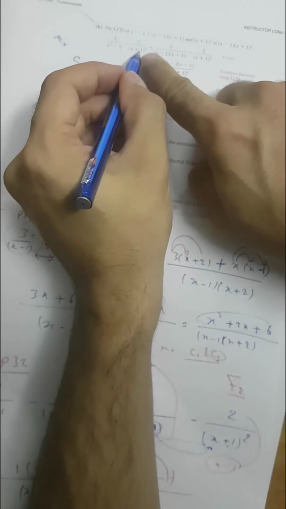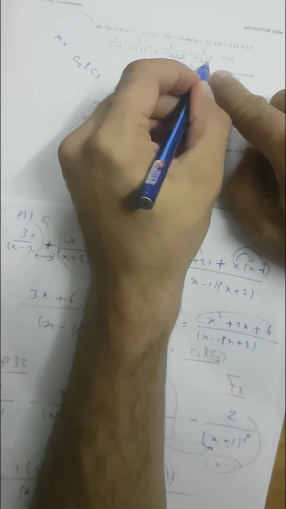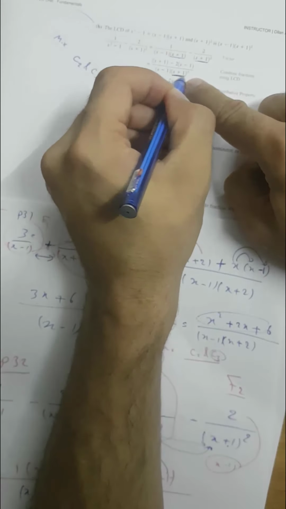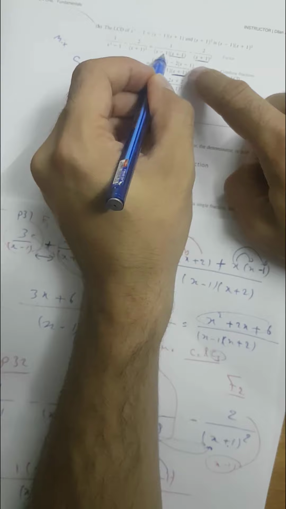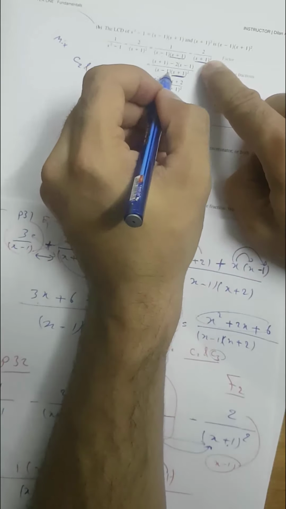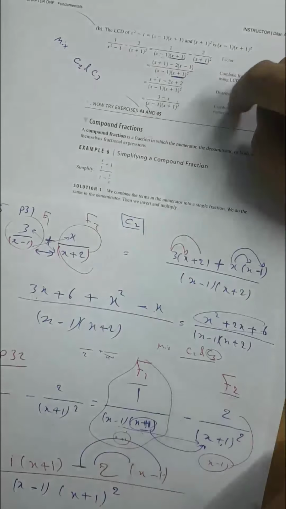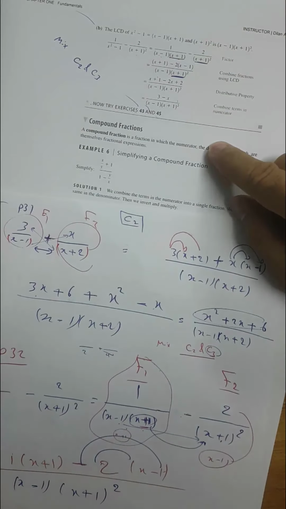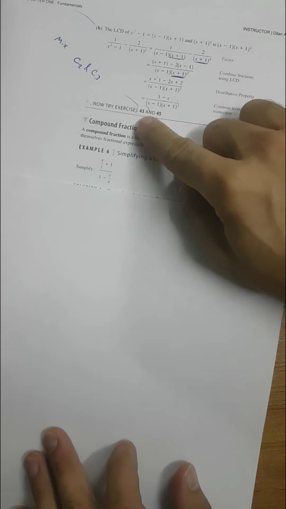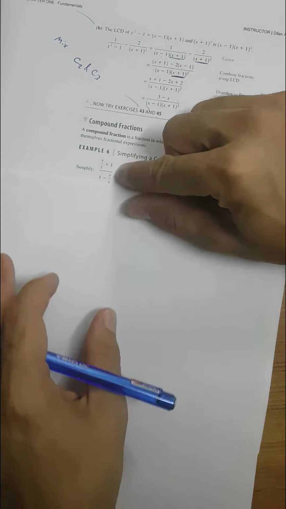This one with that one we solve it by C3, and this one with that one we solve it by C2, sorry. So you need to practice on this example and review my video, replay it a lot, then you can solve 43 and 45. Now compound fractions is very easy.